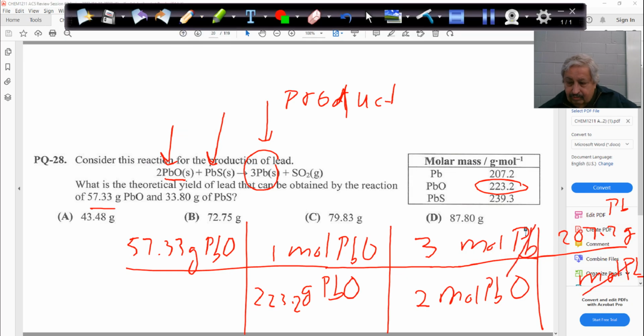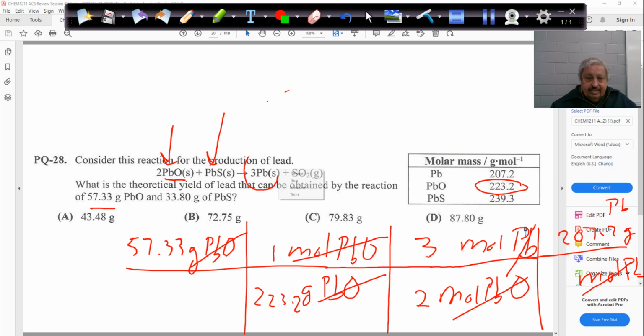Mole of lead to mole of lead oxide, grams with grams. So this we get number of grams of lead based on lead oxide. You can do the same thing here, and you can compare those two here by the second one. So let's do the second one.